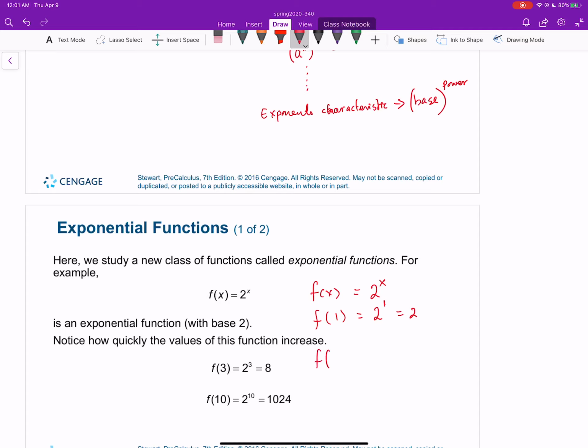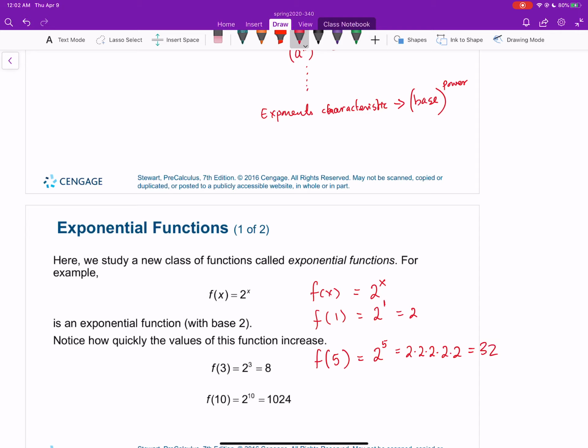And then if I ask for f of 5, that's going to be the base 2 raised to the power 5, which is 2 times 2 times 2 times 2 times 2. That is 2, 4, 8, 16, 32.